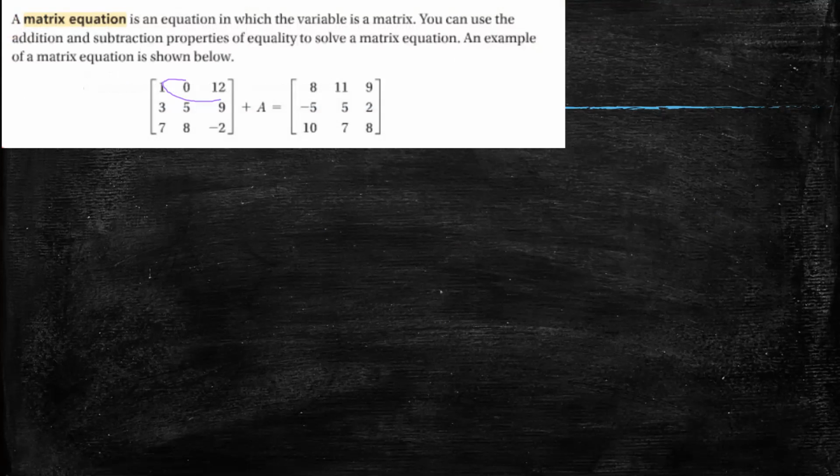Now, the matrix equation. As the linear equation that we know before. If you have 3 plus x equals 7, if you solve this type of equation, what did you say?